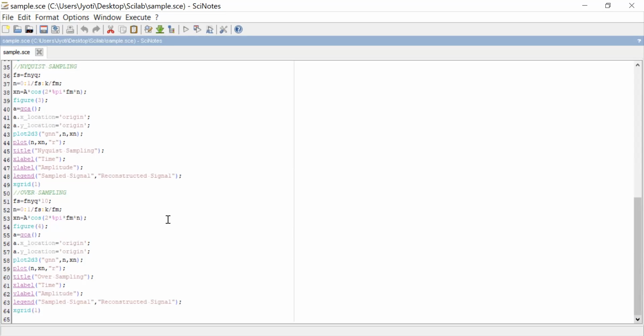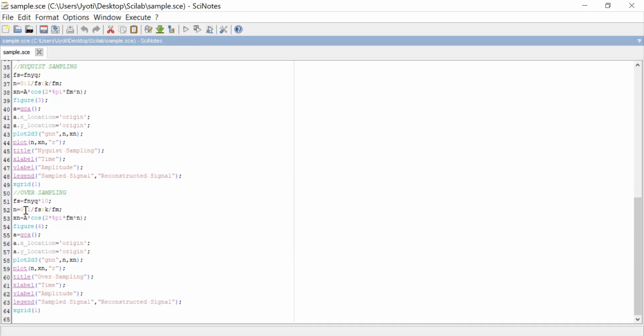Next, the last part is oversampling. That means Fs should be greater than 2 Fm. Now you are doing oversampling. Therefore Fs is equal to FNYQ times 10. FNYQ is 2 Fm, so 2 into 10 is 20 Fm. Now the Fs value is greater than 2 Fm, so we are doing oversampling.